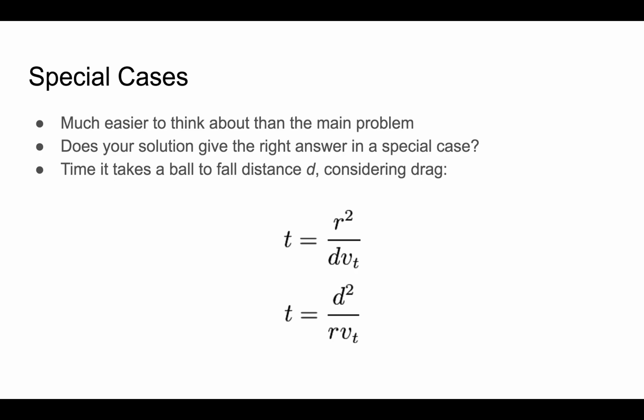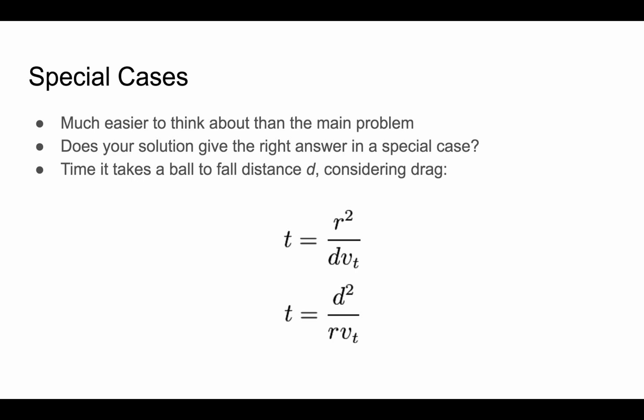And let's try again using the case of a ball with no radius and a ball with a large radius. Obviously the ball with the large radius would fall a lot slower because of increased drag effects. The first formula predicts that correctly: as the radius goes to infinity, the time increases, since t is equal to r squared over d times v sub t.